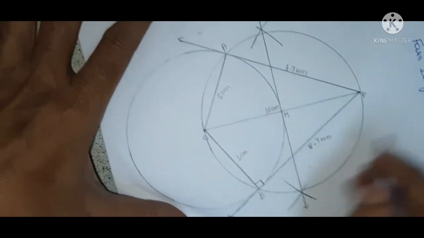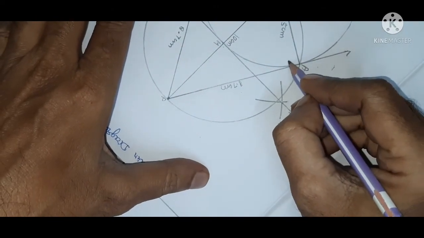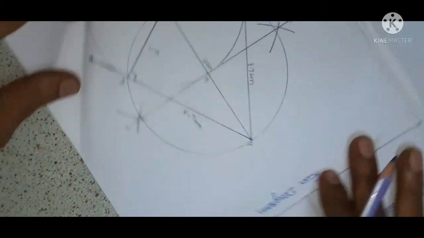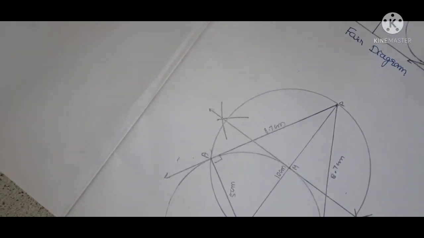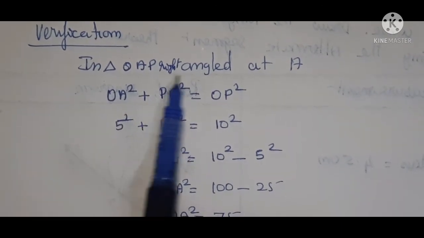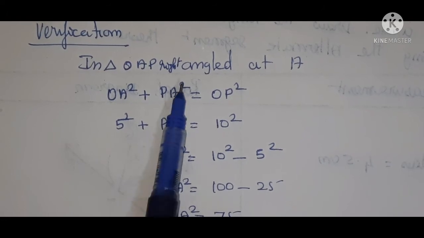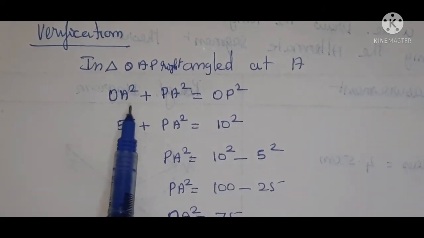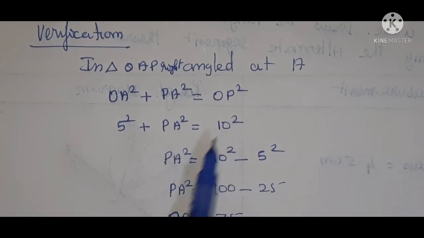The tangent and the radius are perpendicular to each other. So, OP is the hypotenuse. Verification: in triangle OAP, right angled at A, OA square plus PA square is equal to OP square. 5 square plus PA square is equal to 10 square.